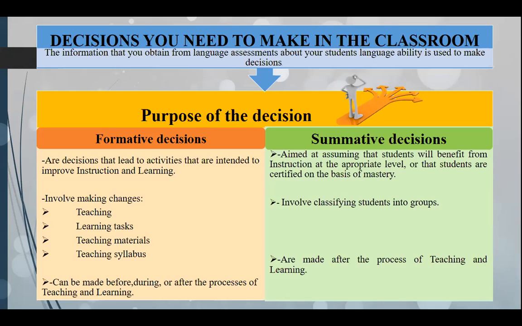On the other hand, we have summative decisions. These decisions have two purposes. We have decisions where teachers talk about progress, that is, ensuring that the students advance to the next level, or that the students don't have the necessary knowledge to go to the next level.